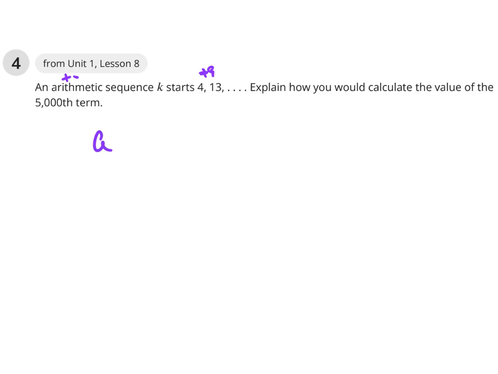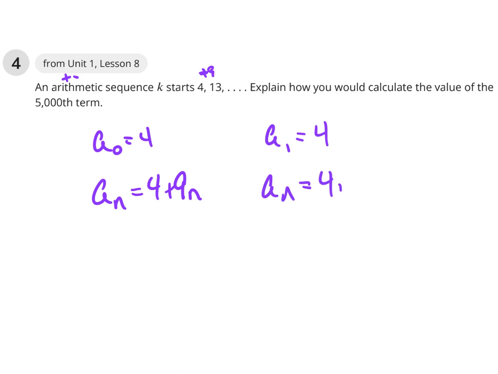So if A of 0 equals 4, my sequence is A of any number equals 4 plus 9 times any number. If I say A1, my AN equals 4 plus 9 times N minus 1. And for N, I just stick in 5,000.